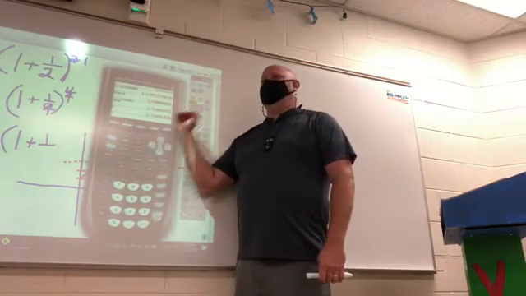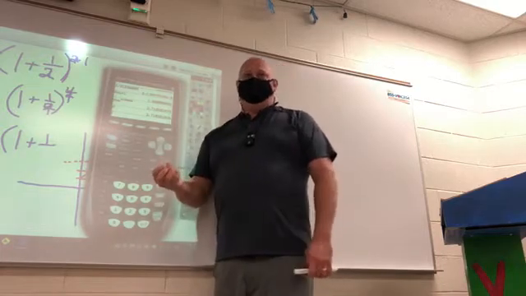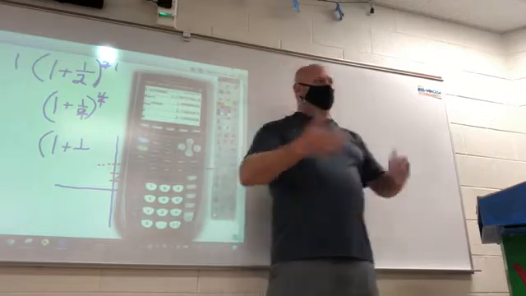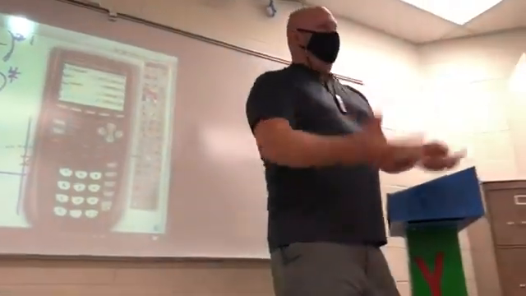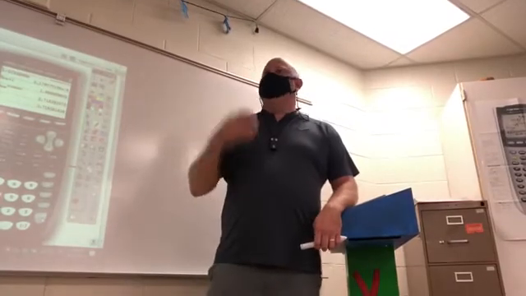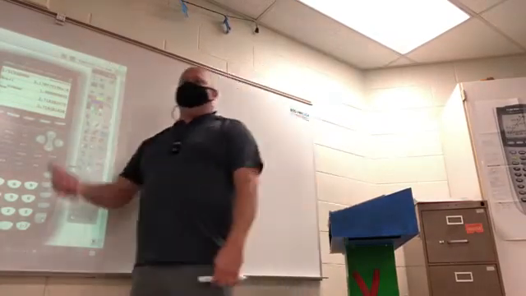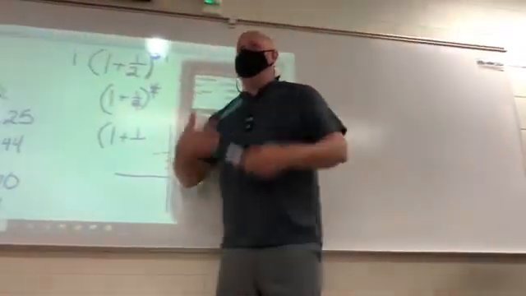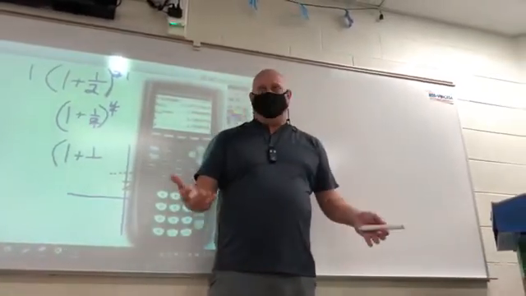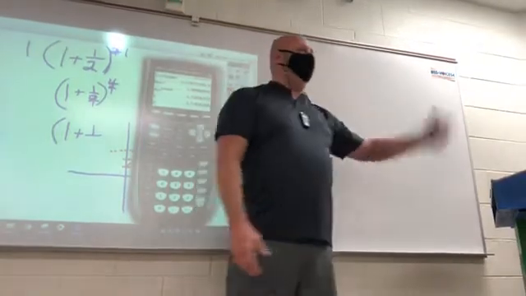This number is what we call the natural number. It shows up as soon as you start dealing with anything with exponential growth of different types. This E number keeps popping its head up. Just like anytime you deal with circles, what magical number pops up all the time? Pi. It shows up in circumference, it shows up in area.